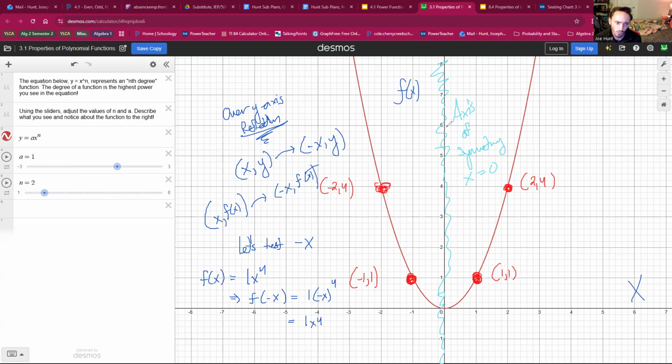So there's a rule to check whether a function is going to have this sort of symmetry. If, when you plug in, say, a negative version of the coordinate to your function, you get the exact same thing back out, then what that means is that this is what we refer to as an even function. That's the same thing as saying that it has a reflective symmetry over the y-axis.